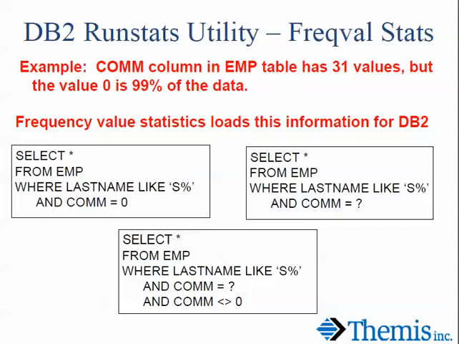So DB2 is going to go, well, what do I know about 0? Oh, that's 99% of the data. That means the value you're looking for in the host variable, no matter what the value, is going to be less than 1% of the data.